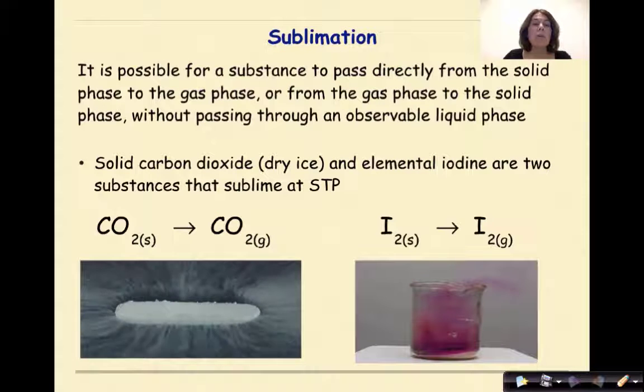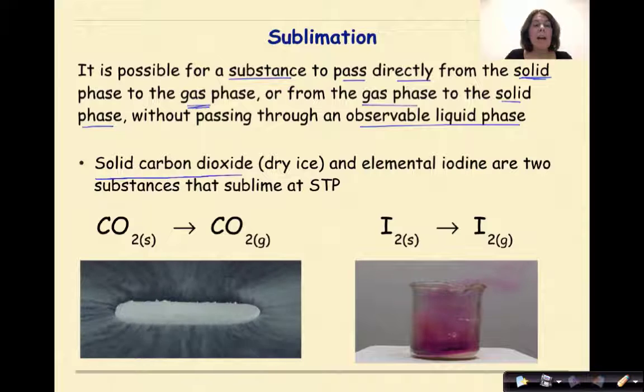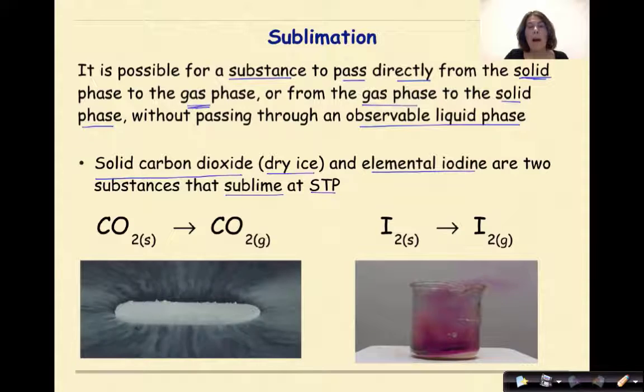It is possible for a substance to pass directly from the solid phase to the gaseous phase, or from the gas phase to the solid phase, without passing through an observable liquid phase. Solid carbon dioxide, otherwise known as dry ice, and elemental iodine are two substances that can sublime, in other words, going from a solid to a gas, at STP, which we know means standard temperature and pressure.